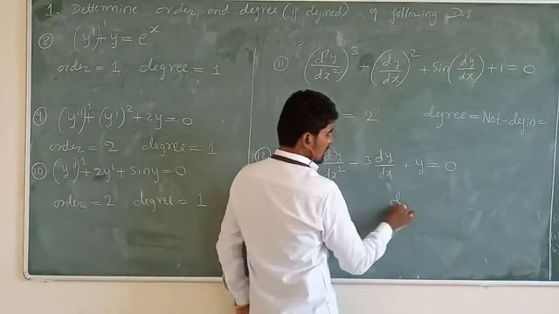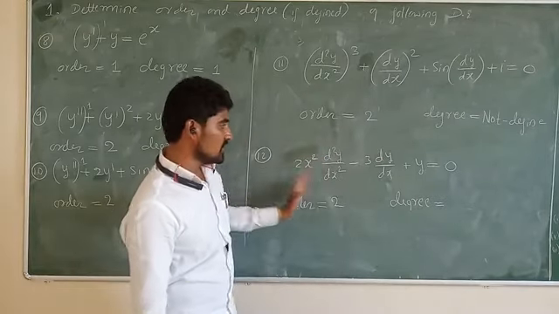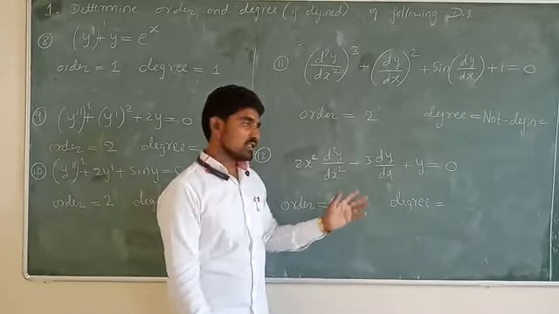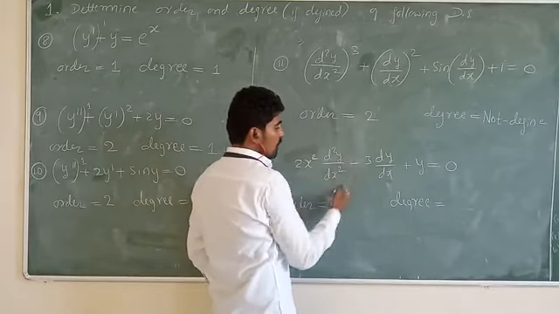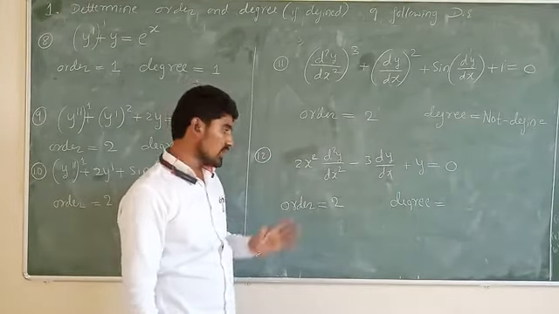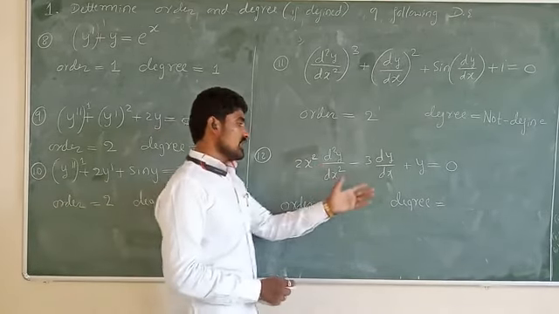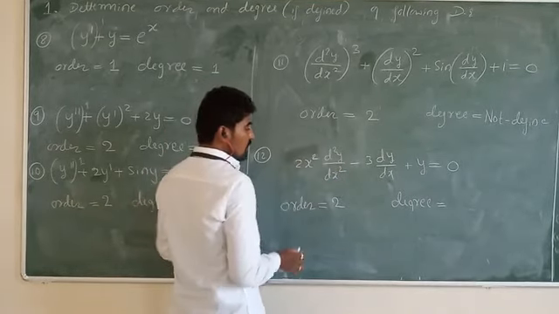And this differential equation is a polynomial in derivatives. Why? Because the derivative dy by dx is involved with addition and subtraction symbols, and the powers of these derivatives are positive integers. So that's why this differential equation is a polynomial in derivatives. Hence the degree of this differential equation is the power of the highest order derivative.